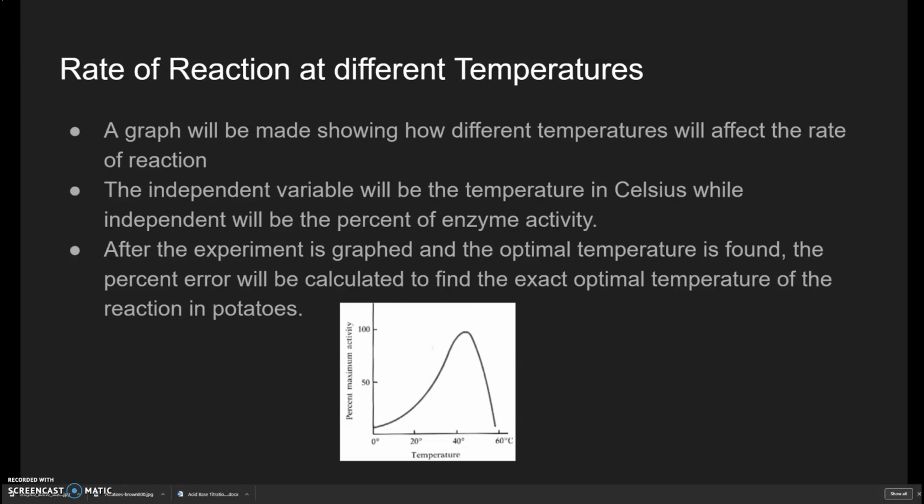Once it is at that optimal temperature, it will start to decrease because the enzyme will denature and no longer fit its substrate properly, and the enzyme activity will go to 0, like it shows in that graph. I don't know what enzyme this is for. This isn't the catechol oxidase enzyme, but once it hits around 50-ish, it'll start to denature, and once it gets to 60, there's 0 activity. That is what will happen.